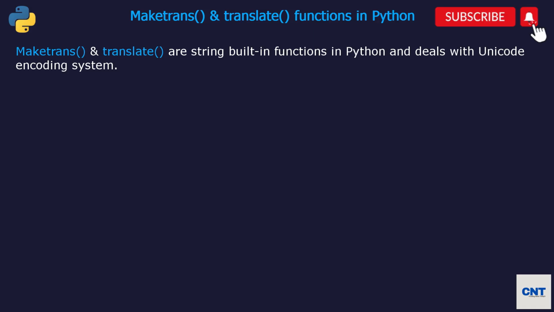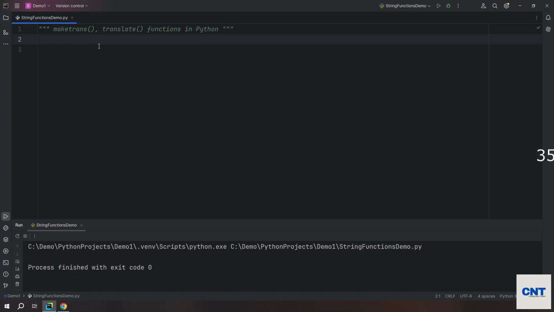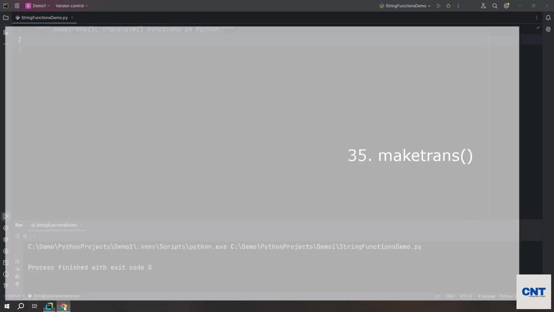The str.maketrans function is a static function. It is used to create a one-to-one mapping of a character of a string to its translation. That is, to specify the list of characters that need to be replaced or deleted from the whole string. A Unicode representation of each character is created by this maketrans function for translation. Let me show you what a translation table is.